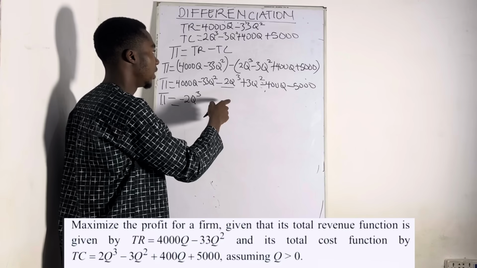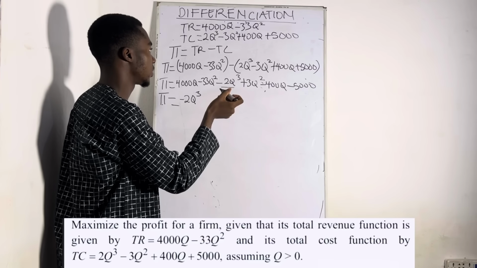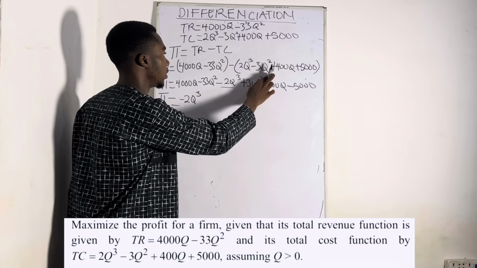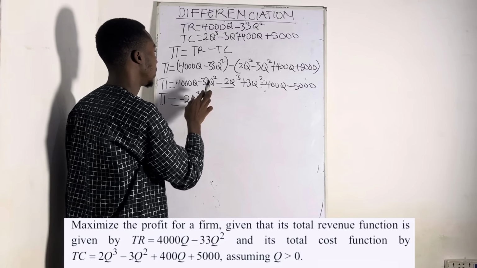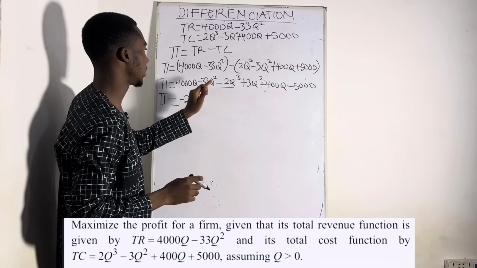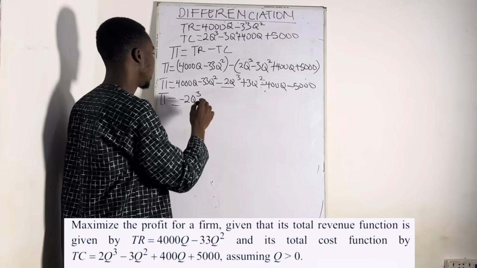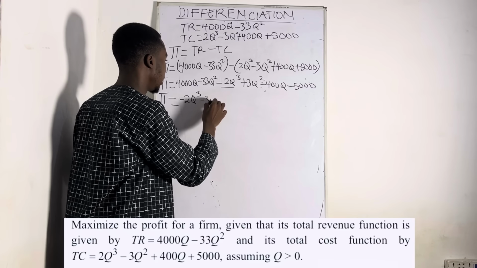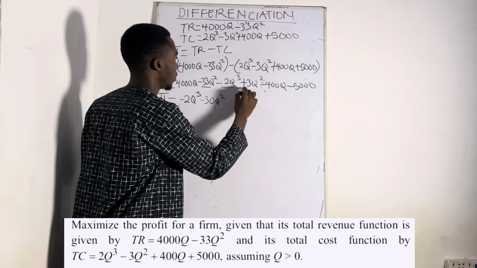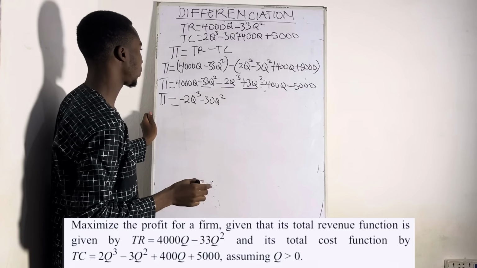Then the one with the second highest exponent is 3k squared, exponent 2. You also have another exponent 2 here. So we have negative 33k squared plus 3k squared, so you are getting negative 30k squared. You can underline this and this to show that you are done with that one.